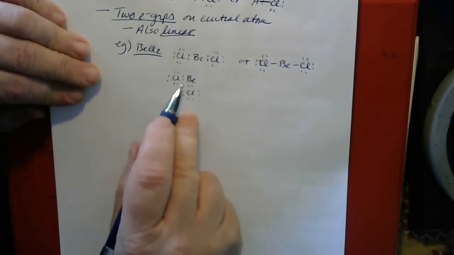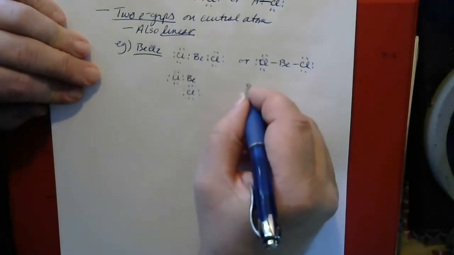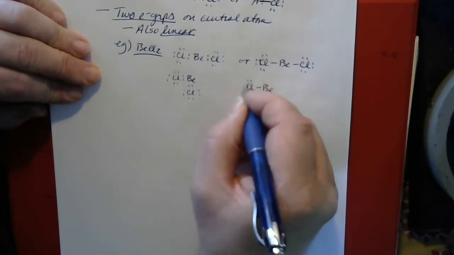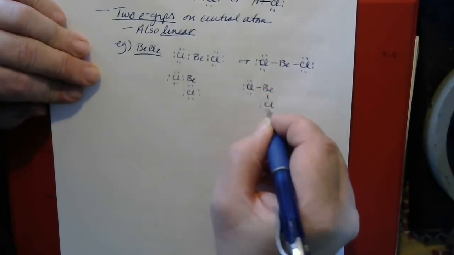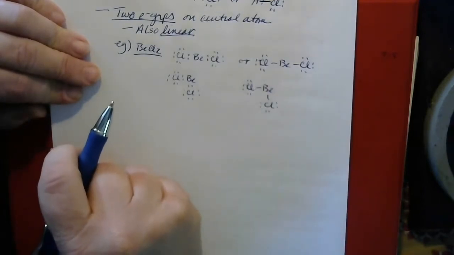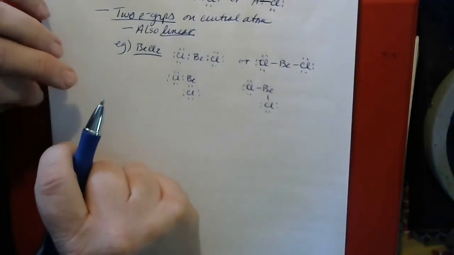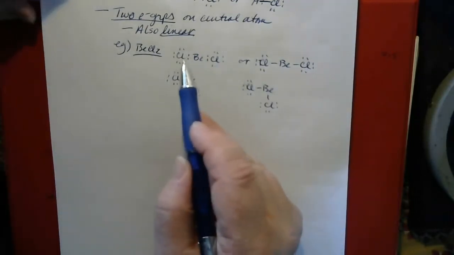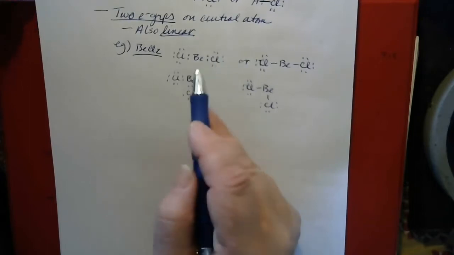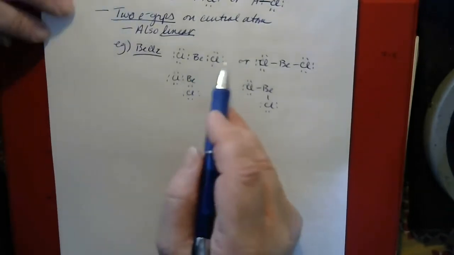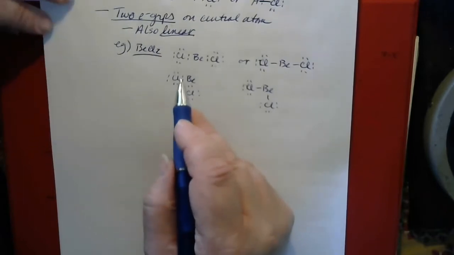This Lewis structure is just as correct as either of these two. And that makes it look like the molecule is bent. But it's not. It's actually 180 degrees linear. And we can tell that just because that is the way that the two pairs of electrons on the beryllium can get as far apart from each other as possible.